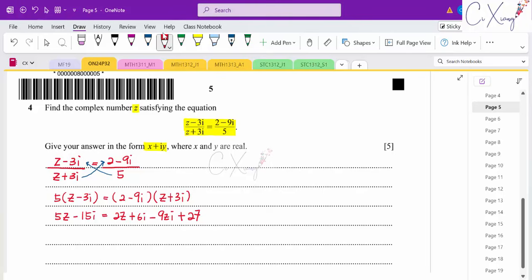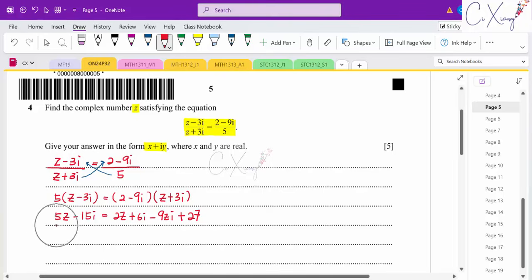So to find out the complex number z, what I do is I try to group all of them together, all the z. So I'm having 5z. Bring the 2z over, become 5 minus 2, which is 3z. Negative 9zi, I bring it over, become positive 9zi. Then equals to, simplify all the other terms, I'm having 27. 15, bring it over, become positive, right? So I'm having positive 15 plus 6, which is 21i.